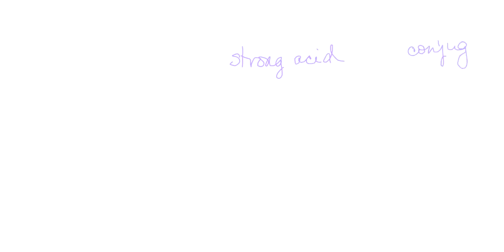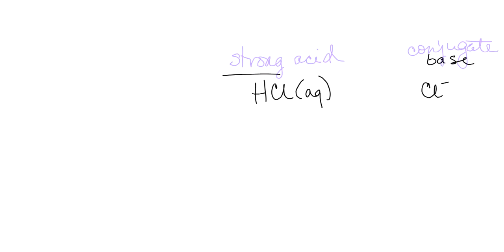Okay, so if I have an acid like hydrochloric acid, this is strong. Therefore, the conjugate base is the chloride ion. So it goes from strong to negligible. It has no real effect on our pH.